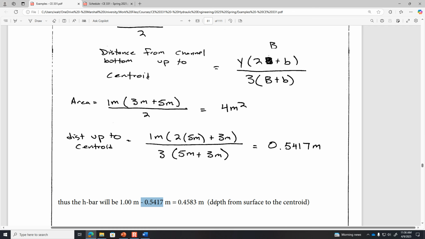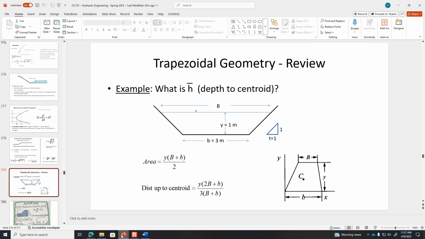So that's what you need to have in order to graph the momentum function in a trapezoidal channel. And if I remember correctly, the reason why I'm telling you this is because you have a trapezoidal channel that you need to create a momentum depth diagram for. So in that case, which I think is in the homework, you'll need to use this equation to find the h bar.